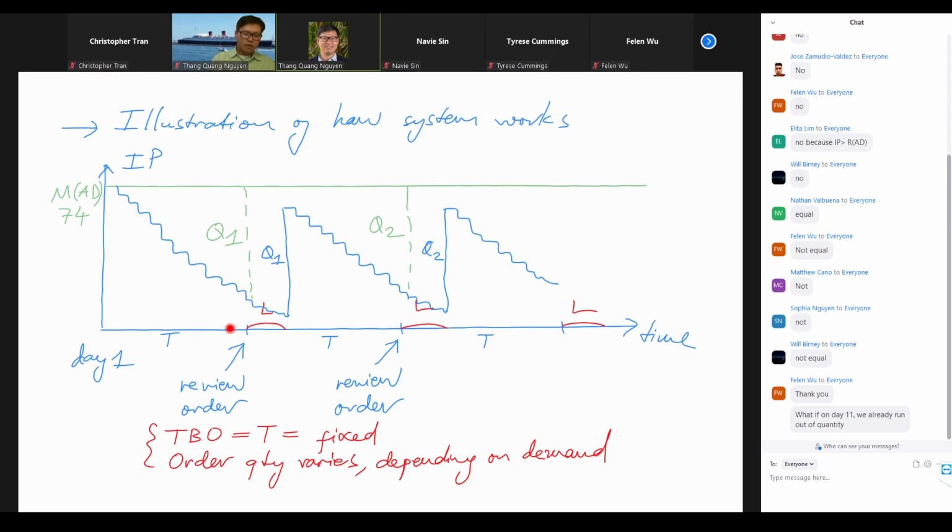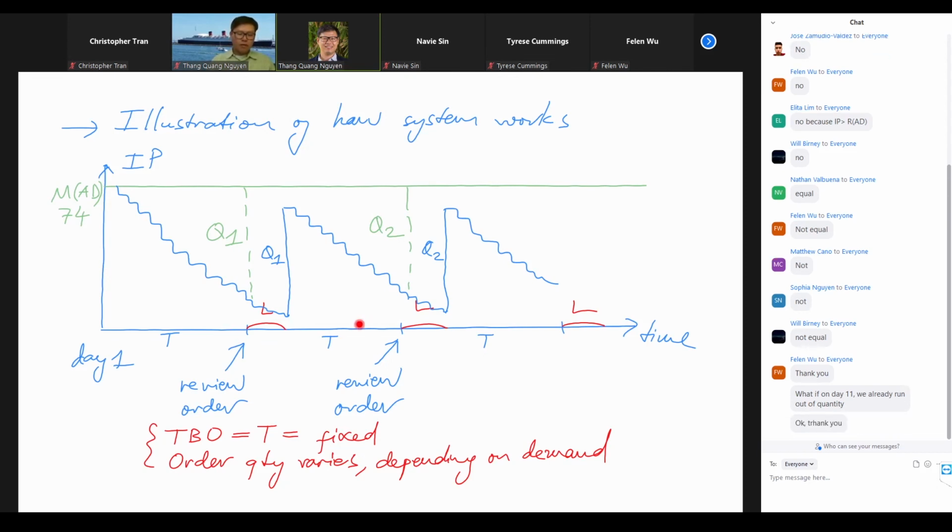But we might need to make the order on that day. And then after that, we have to wait for another cycle of 13 days. Now, all of these are on the average basis. In reality, it might look a little bit different, right? Because of all of the uncertainty in the demand.